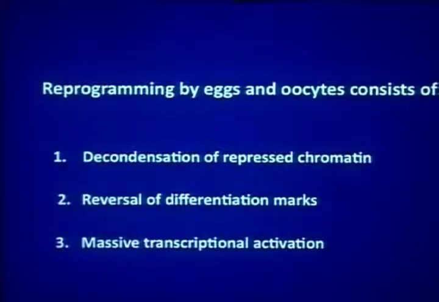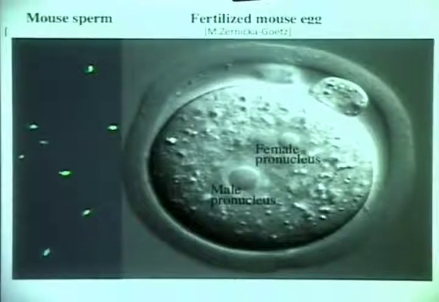And there are 3 steps, which I've mentioned. Now I shall start by talking about the first step, which is called decondensation. This slide from Magdalena Zernicka-Goetz shows the sperm, a highly condensed nucleus, and after fertilization, this nucleus swells up to an enormous structure with a massive decondensation of chromatin.